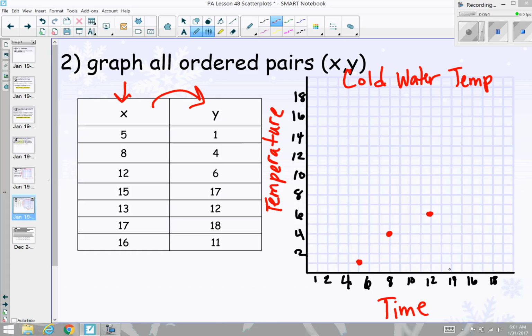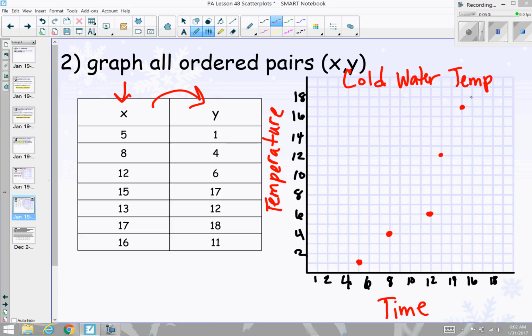So at 15, then it is 17. Wow, this is quite a jump. So at 15, it goes all the way up here to 17. Quite a big jump there. At 13 minutes, it's 12 degrees. So we're back down, kind of halfway between those 2 points. At 17 minutes, it's 18 degrees.